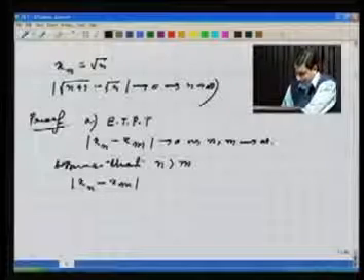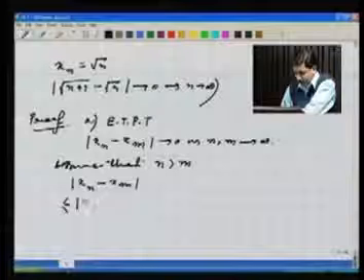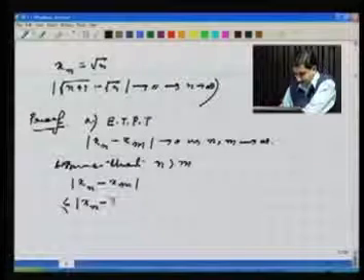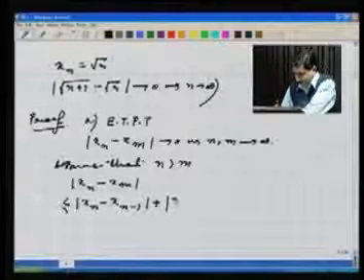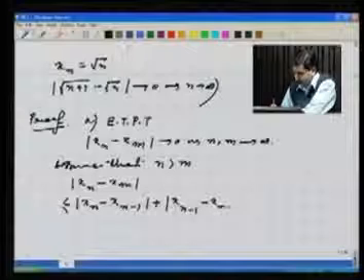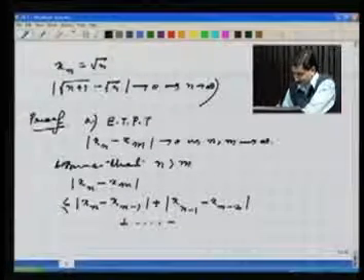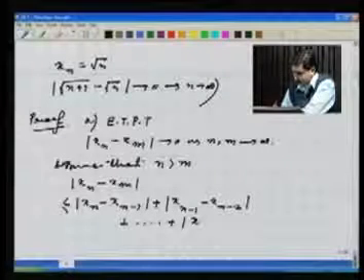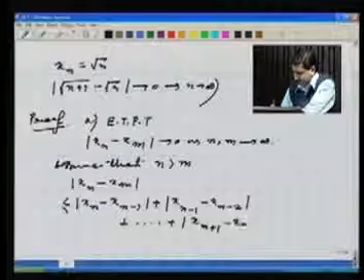I can surely write it as, it is less or equals to, modulus of xn minus xn minus 1 plus mod xn minus 1 minus xn minus 2 plus and so on, up to modulus of x m plus 1 minus xm.